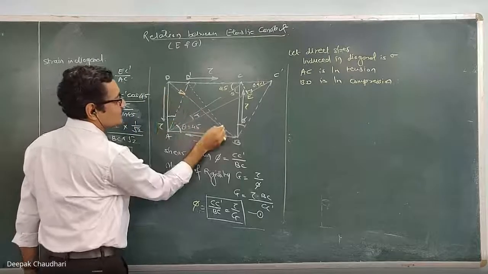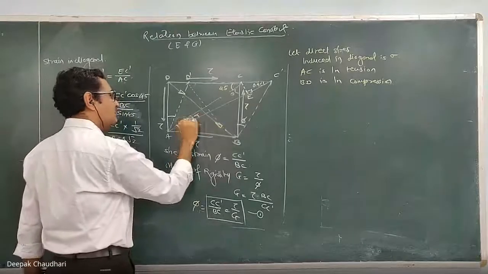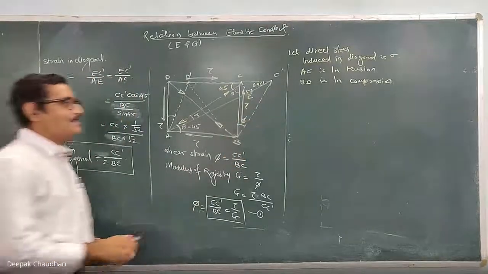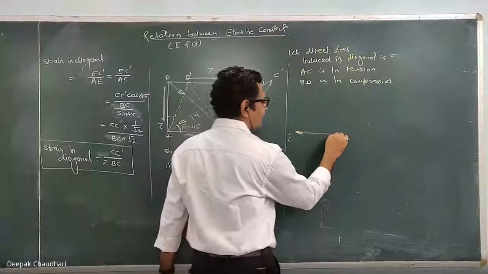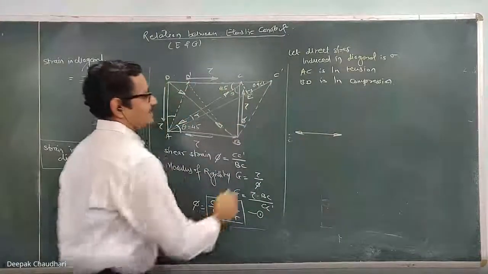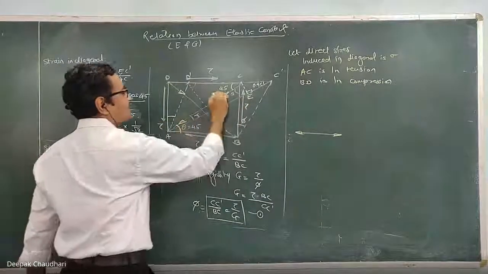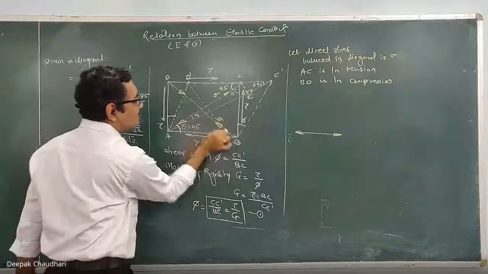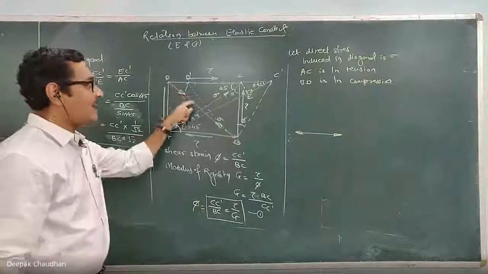So you have to show it like this, and this diagonal is in tension, so it will be like this. When any member or component is in tension, the forces acting in the component are like this. So this diagonal is in tension, and the stress induced is direct stress sigma. Here also the stress is sigma, but this is compressive in nature and this is tensile in nature. Very important. Have you understood this?